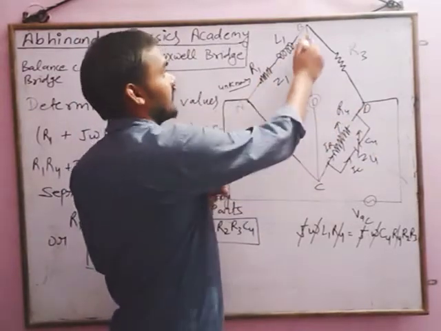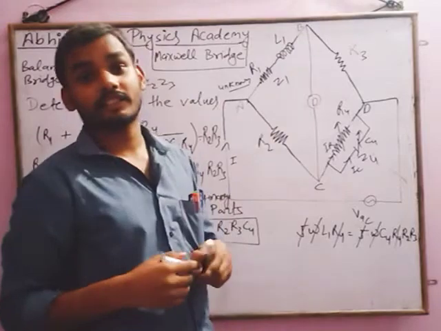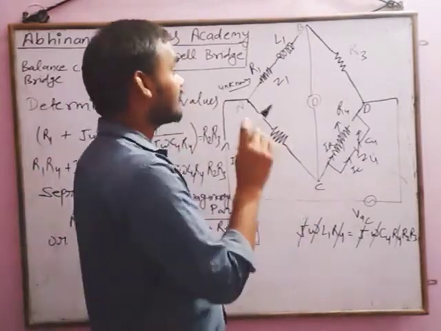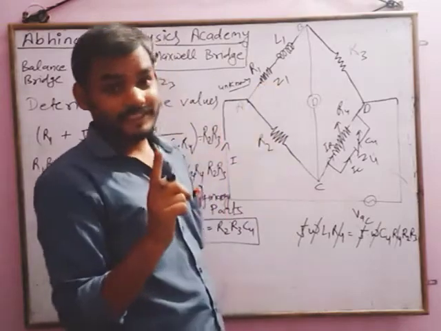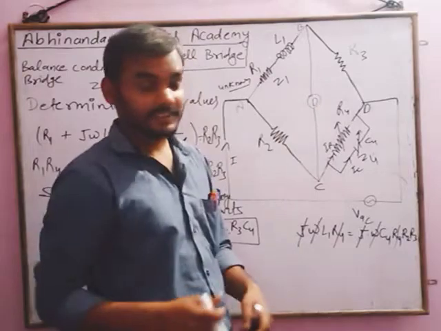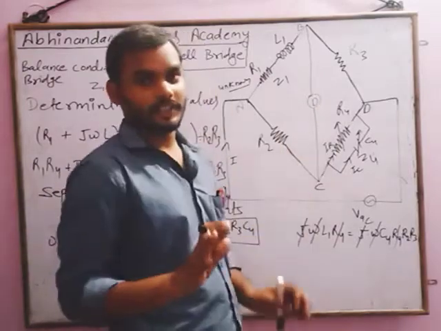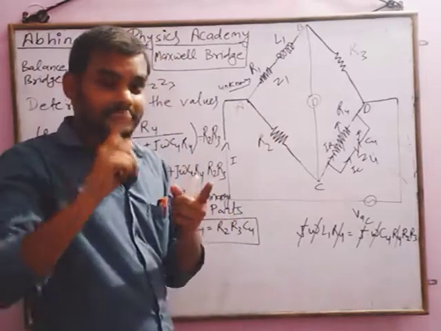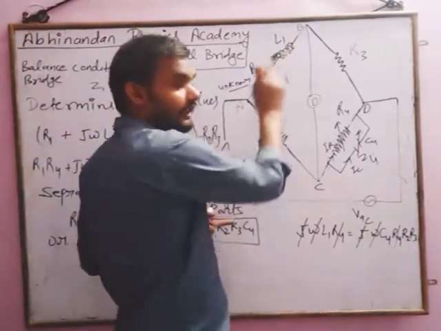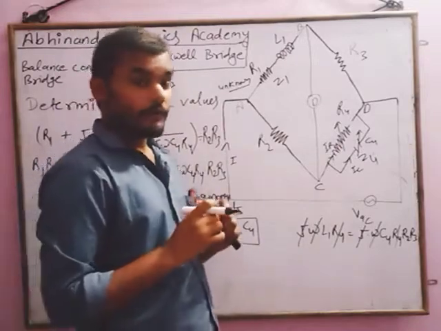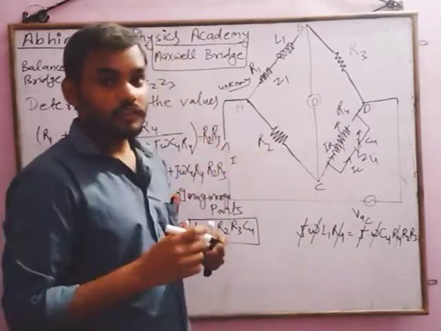If the arm is AB, then we put the capacitor in the CD arm. R1 is the unknown resistance, and R2, R3 and R4 are known resistances. We have to find R1 in the presence of the self-inductor L1 and capacitor C4. So how can we find it?